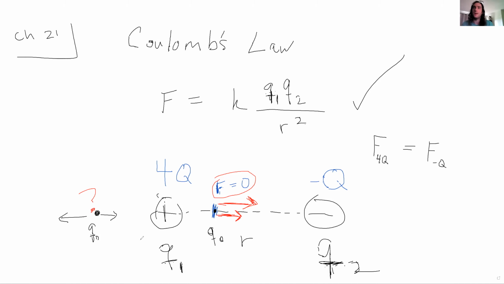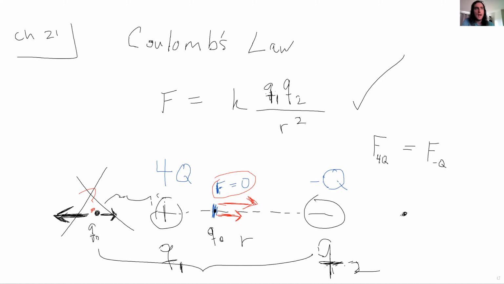But then you say, oh, wait a minute. I'm always closer to this bigger 4Q charge than I am to this smaller minus Q charge. Well, that means that this force here is always going to be bigger than the force of attraction here. And so the force cannot be zero here in this region either, which leaves this region.